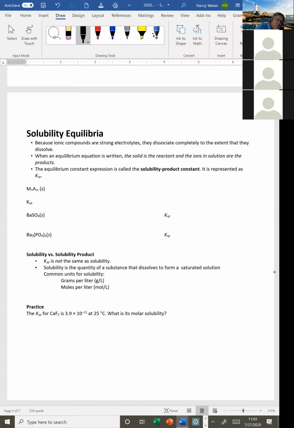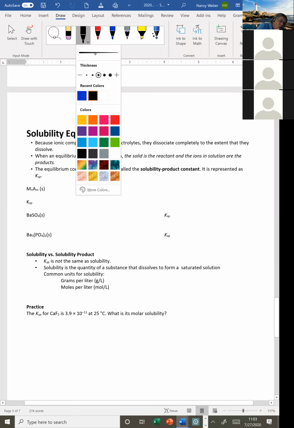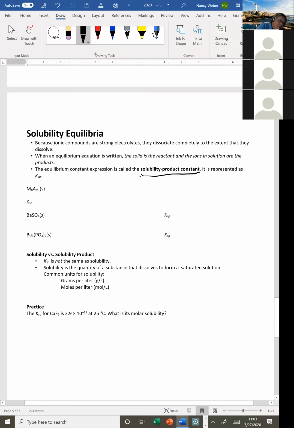Now, the equilibrium constant, when we deal with solubility, is just a special version of it, and it's called the solubility product constant. And we use the term Ksp to say solubility product.